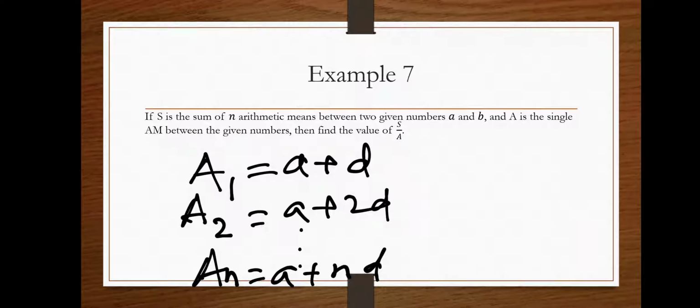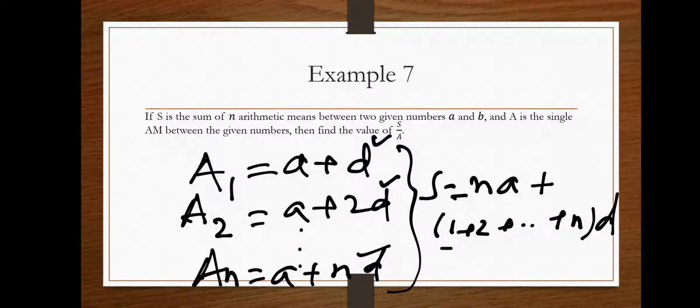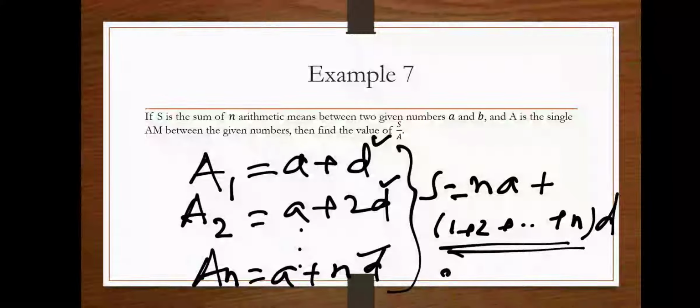Now if I add all these numbers up, what I get as S, if I add all the a's, I get na plus, if I add all the d's, you see in the first one it is only d, in the second one it is 2d, in the last one it is nd. So it will be (1 plus 2 plus up till n) into d. Now what is this? This is basically n into (n plus 1) by 2, that is the sum of first n natural numbers, right?